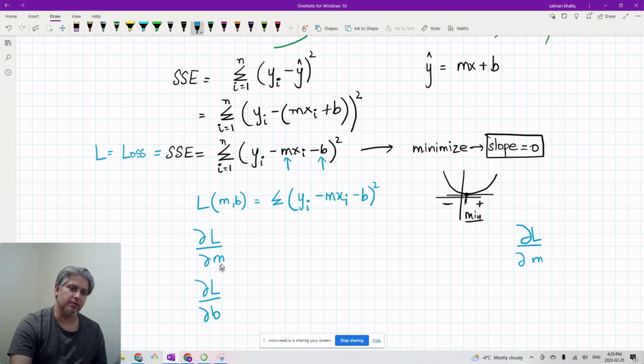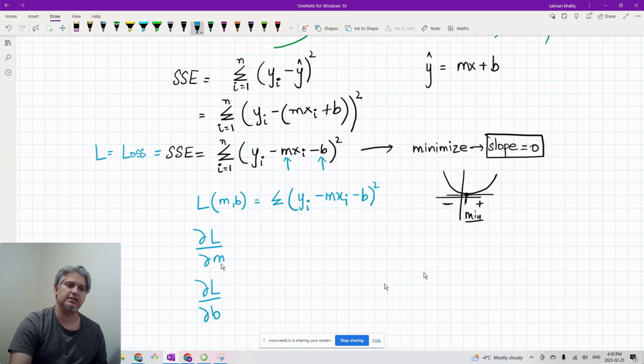So I need to find the minimum loss value and what m value is going to give me that loss value. And I also need to find the minimum loss value and what b value is going to give me that value. For that purpose, in the last video I told you what partial derivative means.